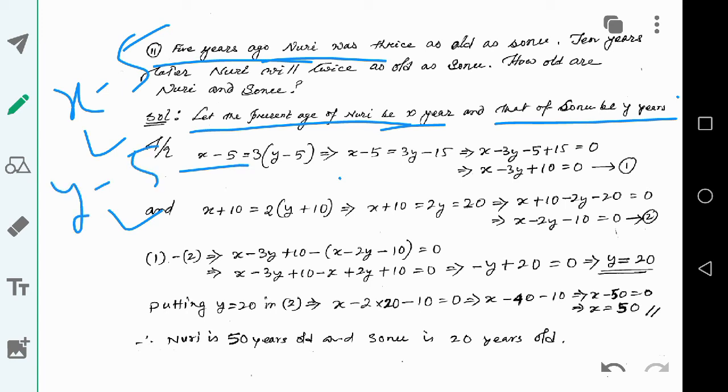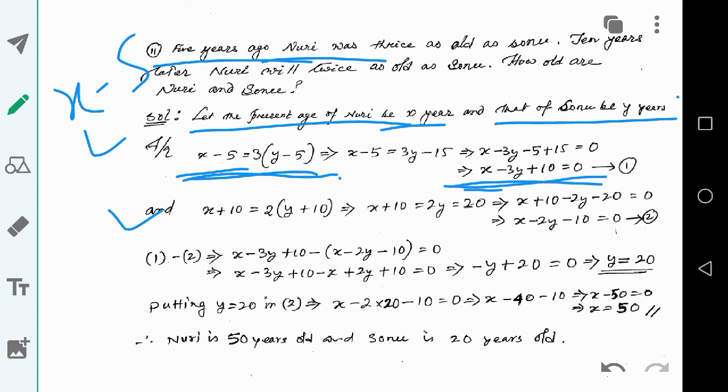Then Nuri was 3 times Sonu. That's why we have the relation x minus 5 is equal to 3 into (y minus 5). Simplifying it, we get x minus thrice y plus 10 is equal to 0. This is equation number 1.